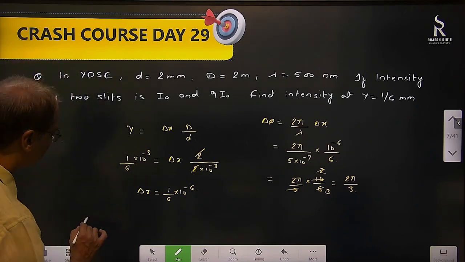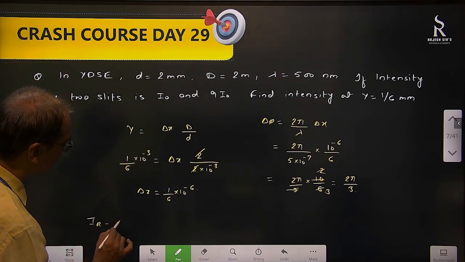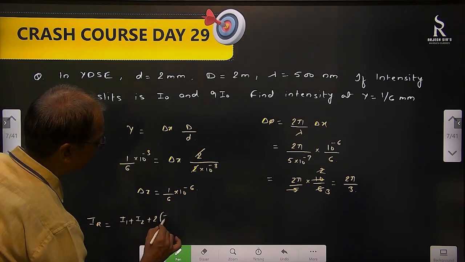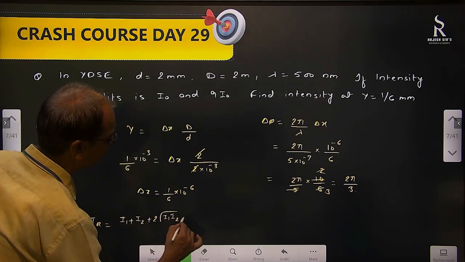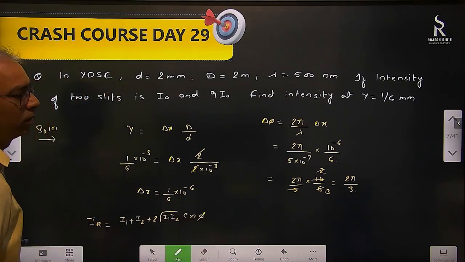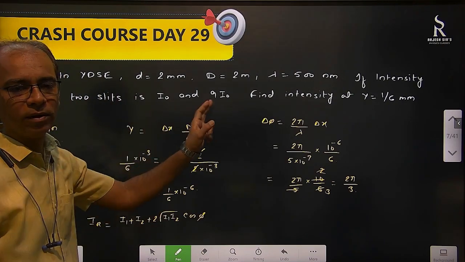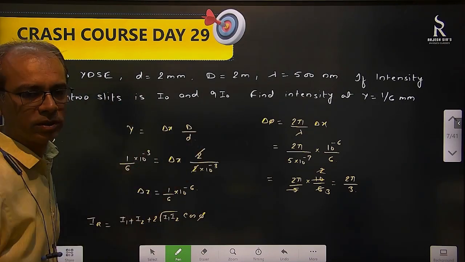Now we will write the resultant intensity. So what is resultant intensity? I1 + I2 + 2√(I1 I2) cos φ. We cannot use 4 I0 cos²(φ/2) here because both intensities are different. So we have to use this formula only.